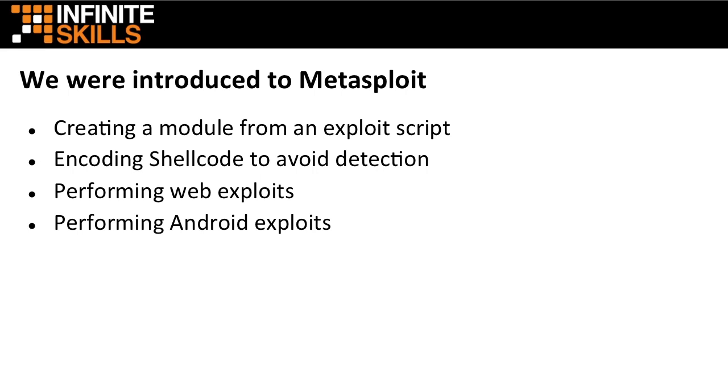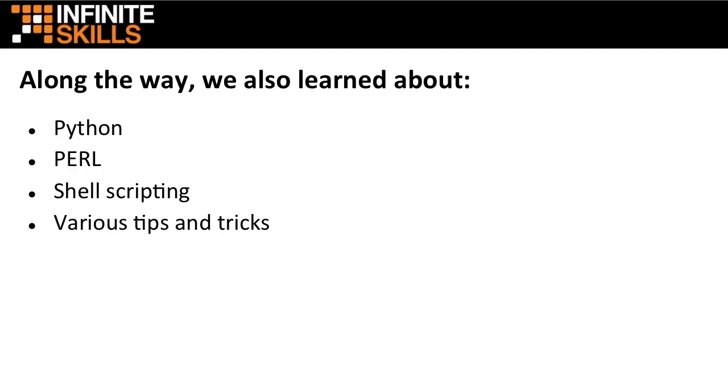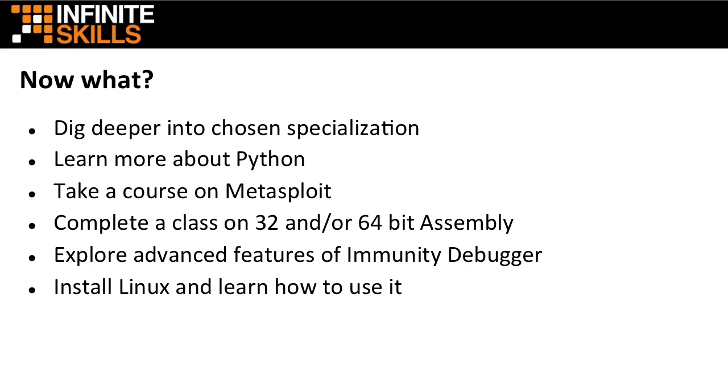We talked about performing web exploits from within Metasploit, and we also performed some Android exploits and showed you how those work. Along the way, we learned a little bit about Python and Perl, some shell scripting, and various miscellaneous tips and tricks. So a natural question you ask yourself is, now what?